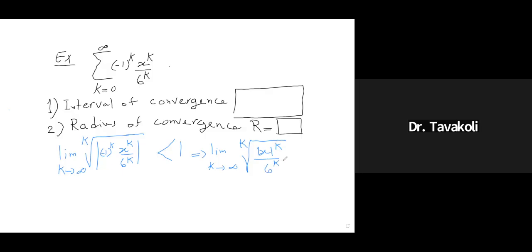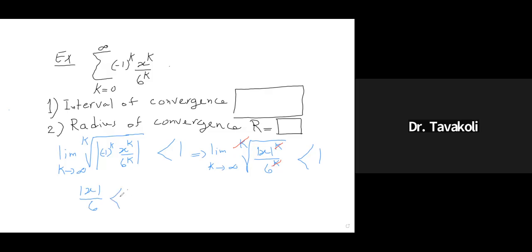So for the kth root of this fraction, using basic algebra, the index k and these two powers of k cancel out. And we want this to be less than 1 to guarantee that the power series is convergent. Therefore, what's left over is the absolute value of x over 6.